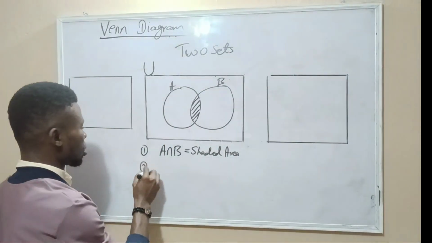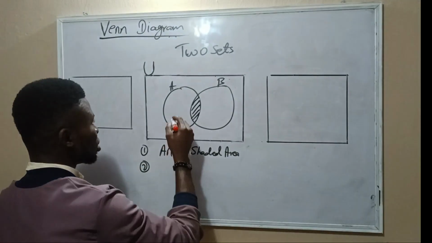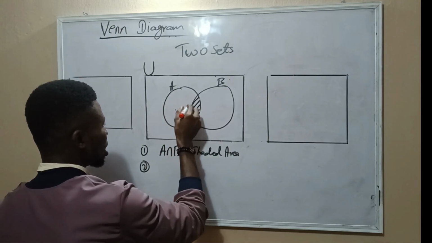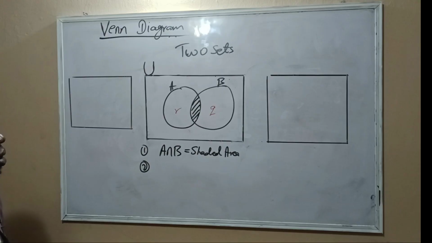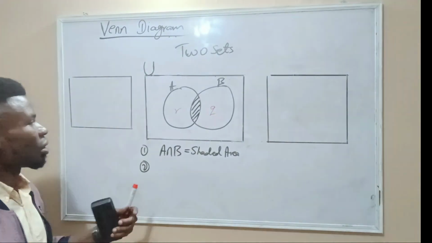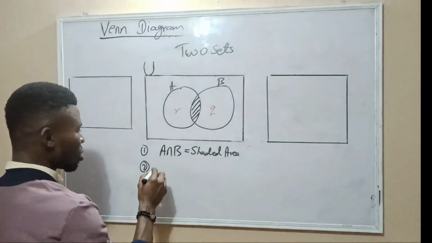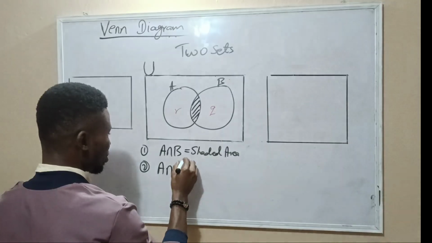Now, what if you want to get this area alone? Let's just label it as R, and this is Q. What if you want to get that portion labeled R alone? That is called A intersection B prime.